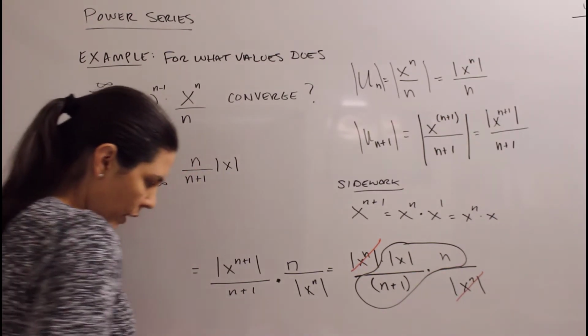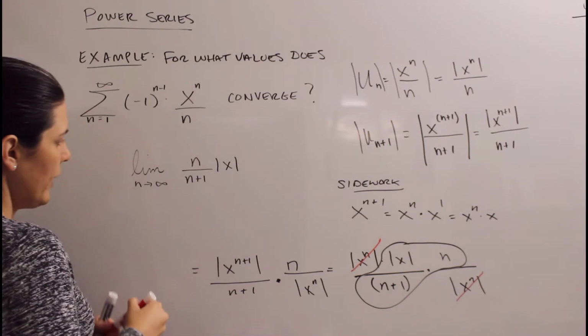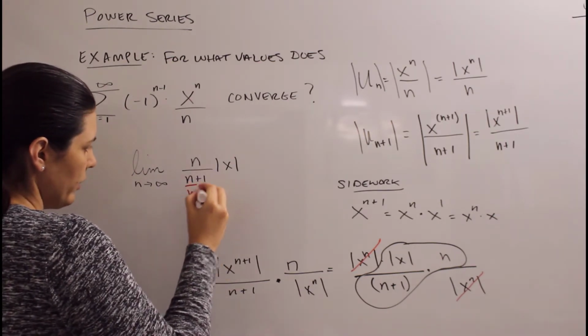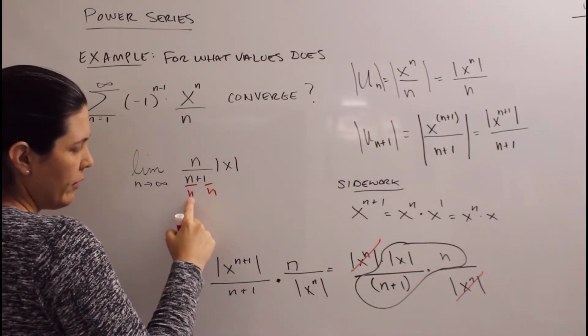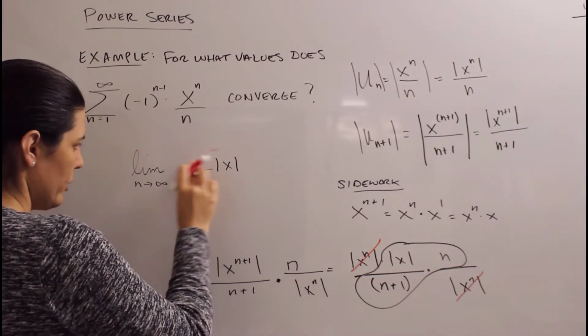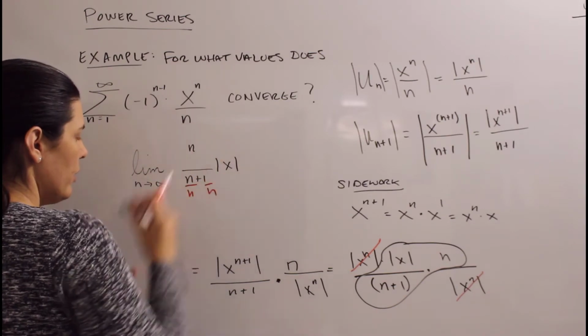Now I'm going for n approaching infinity, so I'm going to divide all the terms in this expression by the highest power of n from the denominator. So let me squeeze this in here a little better.